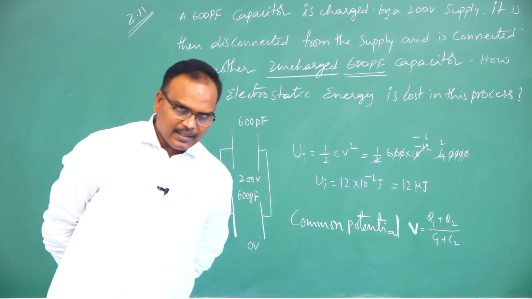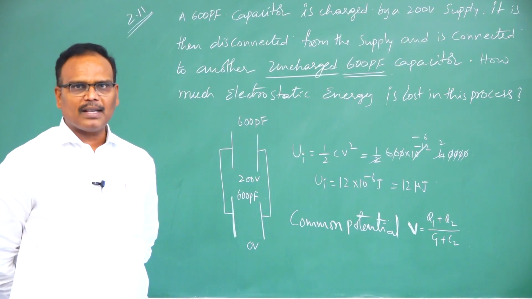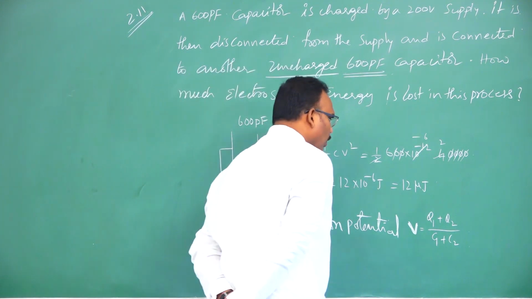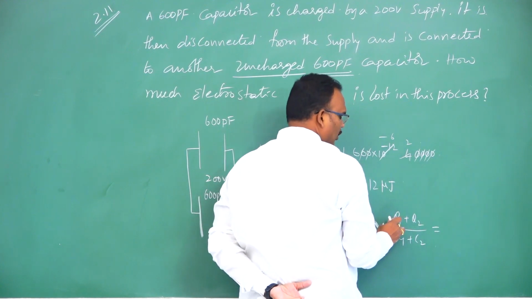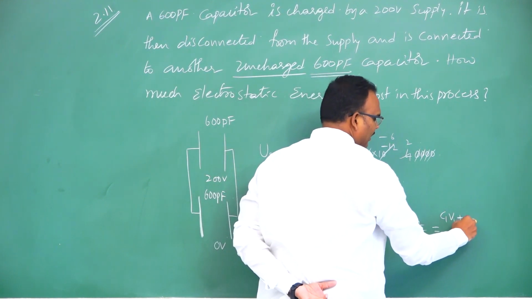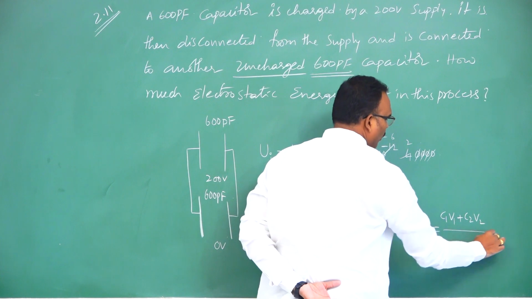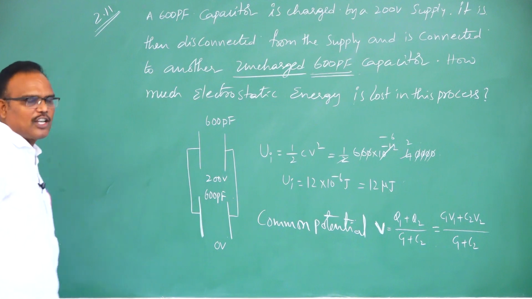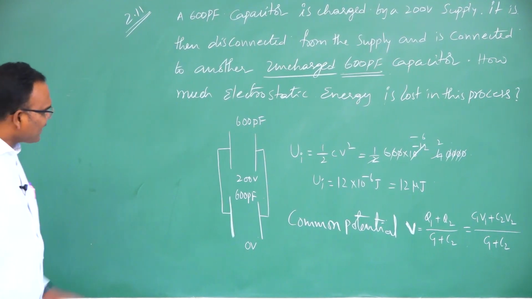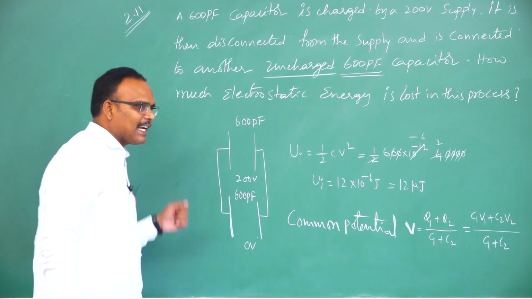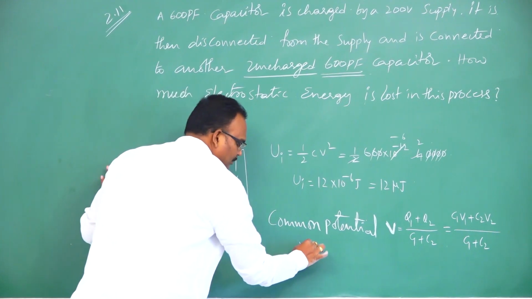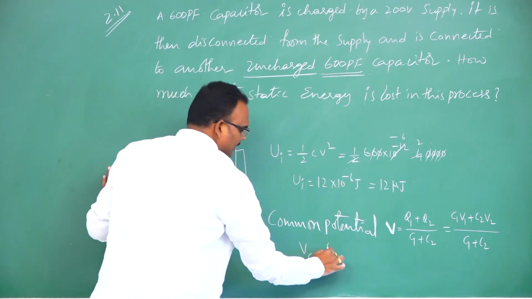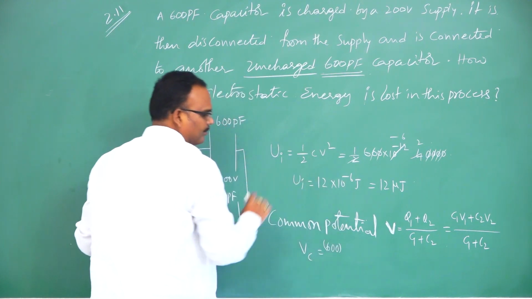If we have three capacitors, Q1 plus Q2 plus Q3 by C1 plus C2 plus C3. But we know Q is CV, so Q1 can be written as C1 V1, Q2 is C2 V2, by C1 plus C2. This is the expression for common potential. So when these two are connected, I will calculate the common potential. C1 is 600 picofarad.